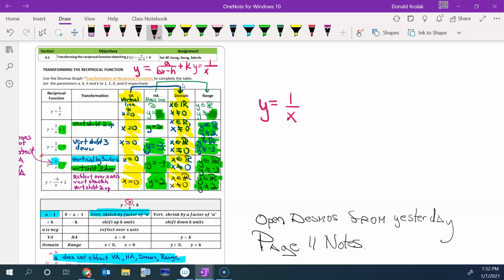Now if we had our little function machine here, it's like a number goes into this machine, and what this machine does is it takes it and divides it into 1. Then a number comes out. If I told you to do this function, like from yesterday, and I asked you, guys, what's the value of this function when x is equal to 1?